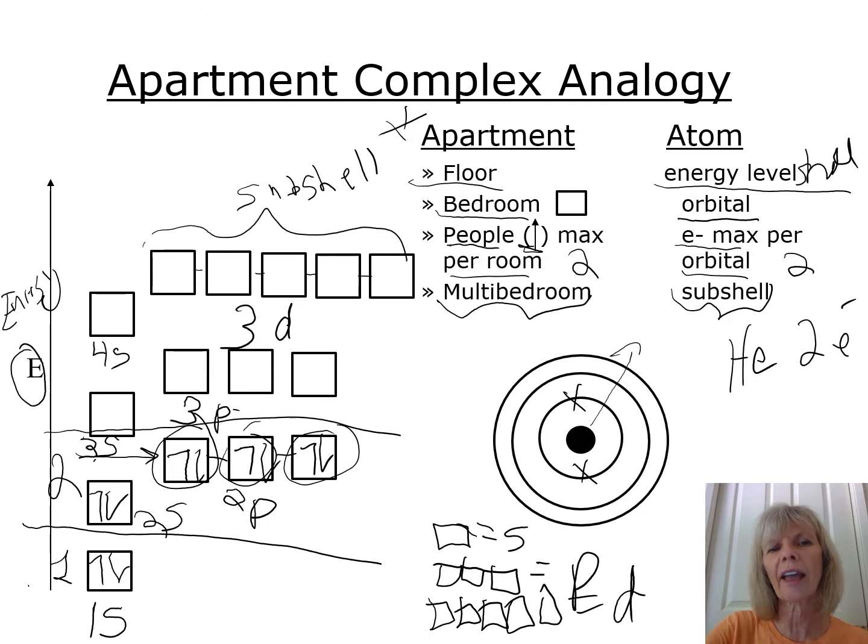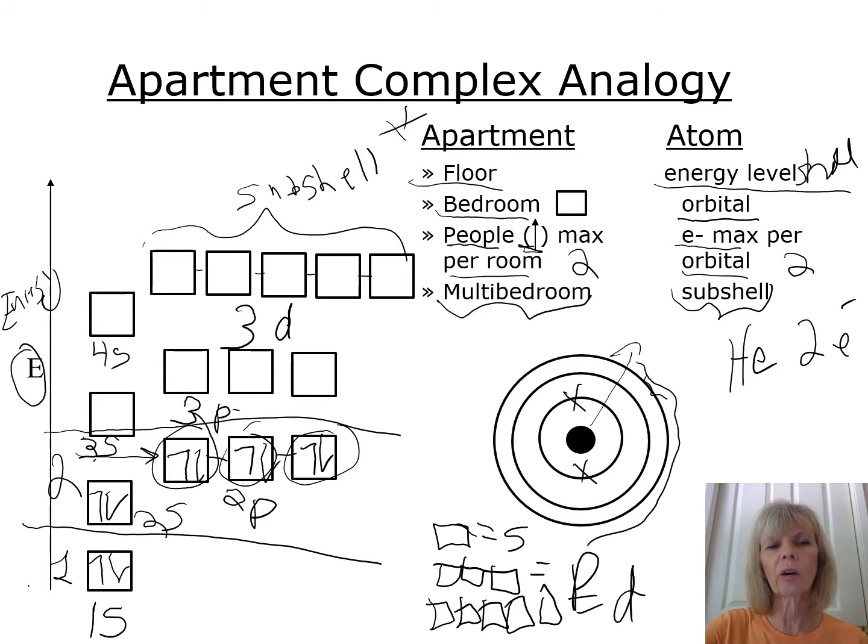And what is really happening in our atom is as you get farther from the nucleus, these shells get closer to each other. And as they get closer, there's a little bit of overlap. So the 3d is higher in energy than a 4s. So you might expect it to go 3s, 3p, 3d. But there's this little overlap here. So you're going to need to remember the order.